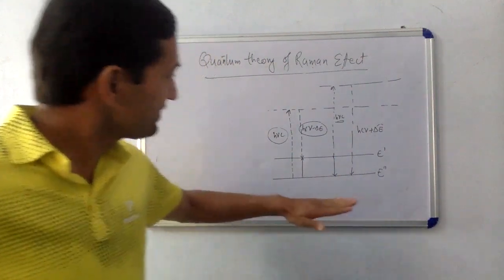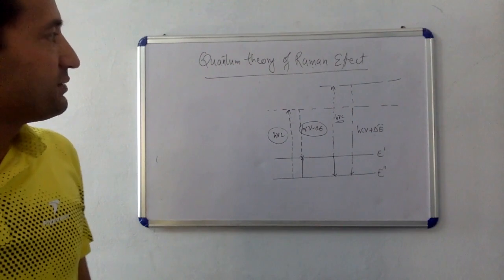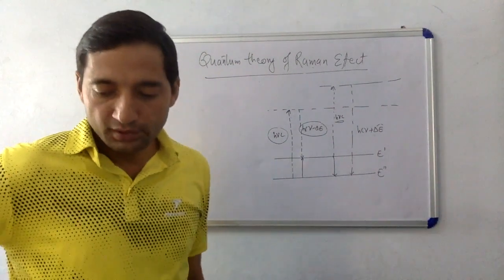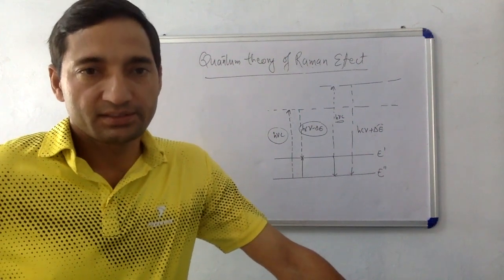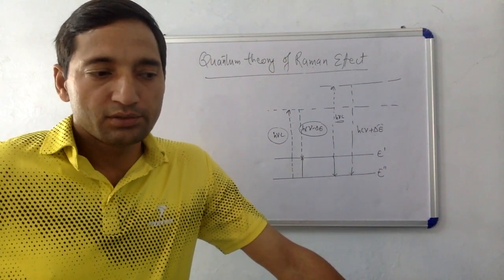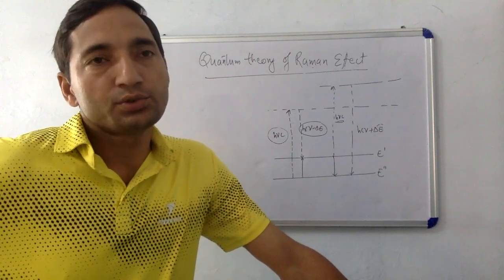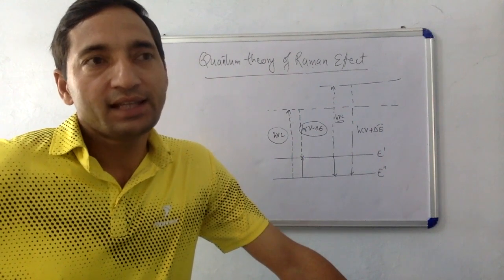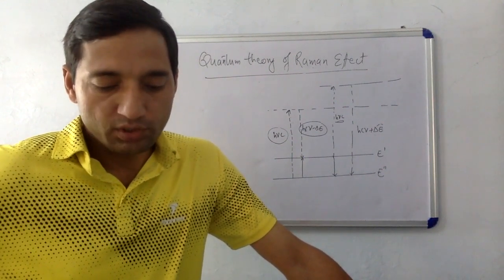For today, I am only discussing a small part of the quantum theory of the Raman effect, and tomorrow I will discuss the rotational Raman spectra and the vibrational Raman spectra. I would suggest you go through some of the molecules, and the material has already been provided to you, chapter 2 and chapter 4 in your book.